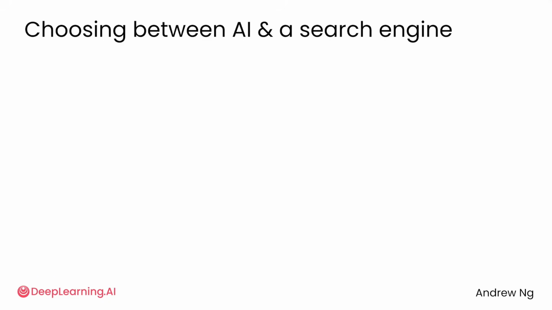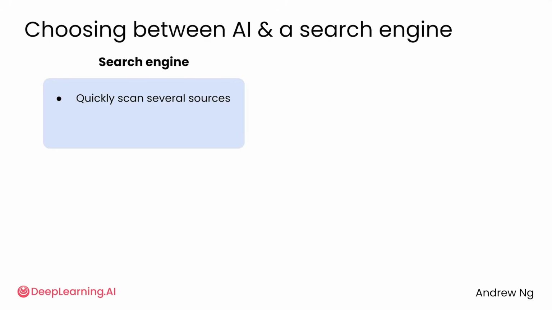Now, I frequently use AI models like ChatGPT, Gemini, Claude, and I also frequently use web search engines like Google and Bing. When should you use an AI model, and when should you use a web search engine? If you want to quickly scan multiple sources, a search engine can be useful for that.